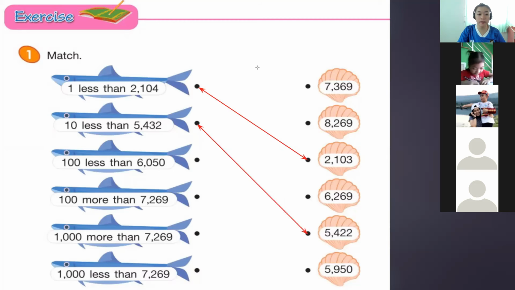Okay, just follow teacher. Okay, next is 100 less than 6,050. So you're going to subtract 100 from 6,050. So the answer will be 5,950.